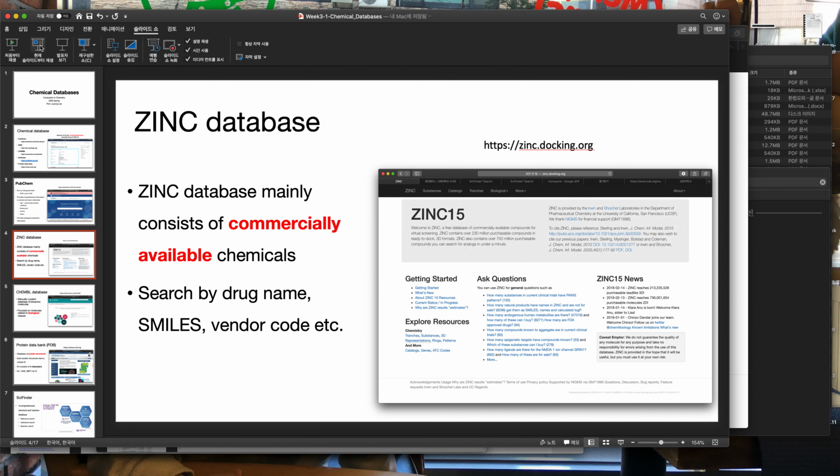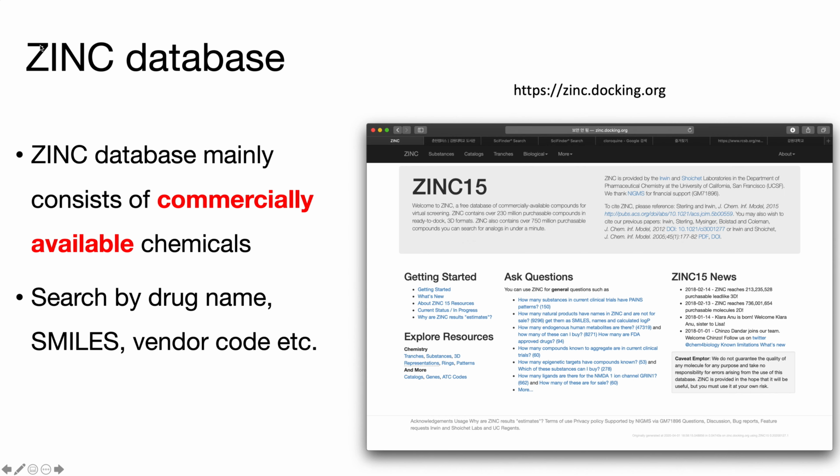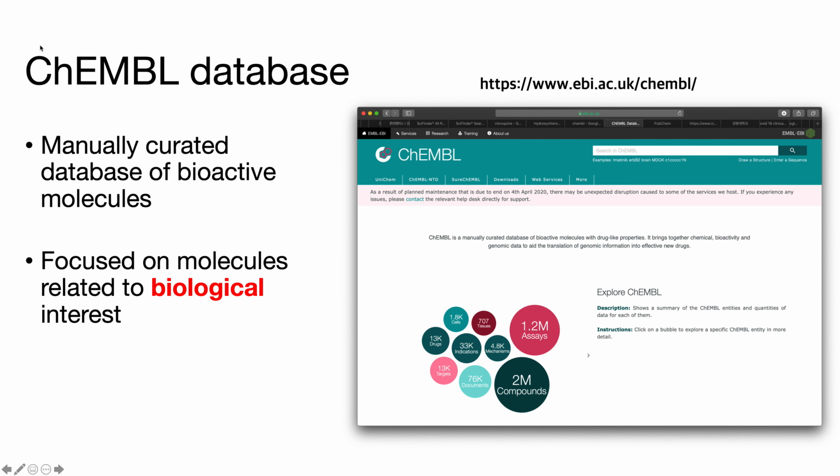All right, let's go back to the slide. The next database we're going to take a look at is called the Chembl database. Now the Chembl database is here. The characteristic of Chembl is that it is a manually curated database of bioactive molecules.